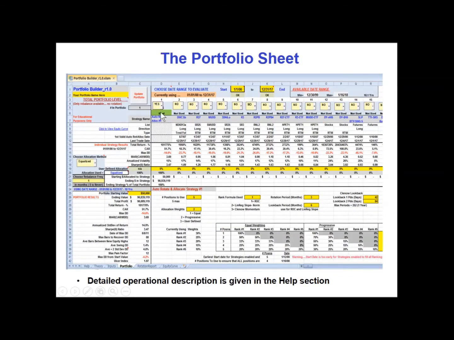The auto-rotate strategy is always number one. Can't change it. If you run it and develop a strategy, the equity curve you generated becomes the equity curve for strategy one. You will find you can't input to strategy one. If you don't want to use that, just set that to no.